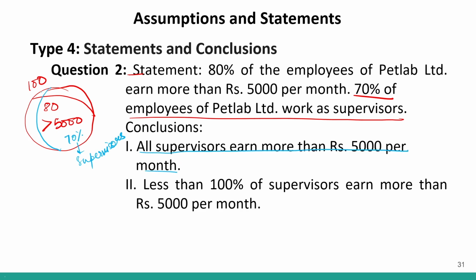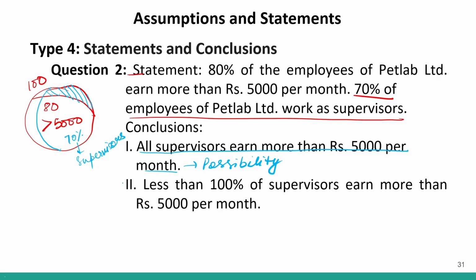This is not correct because let's say there is this portion, these people are supervisors yet they earn less than 5,000. So this is not correct. This is a possibility, but it is not 100% correct.